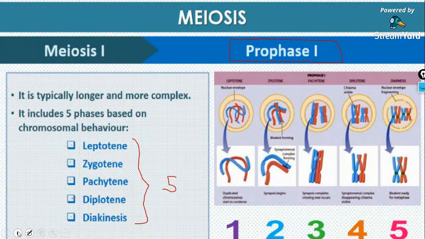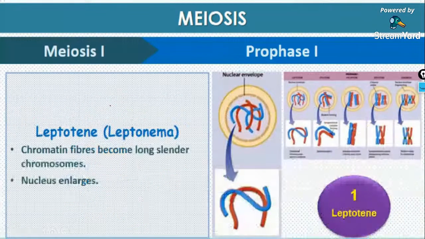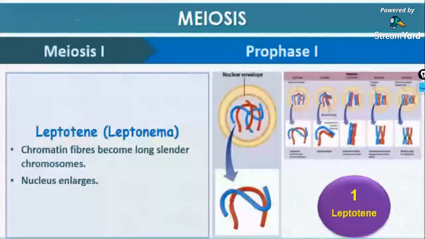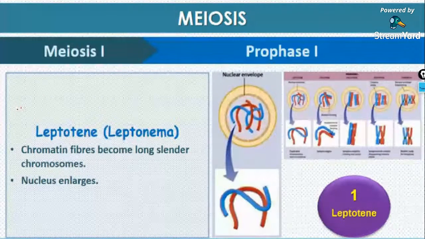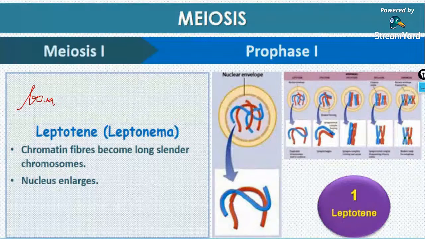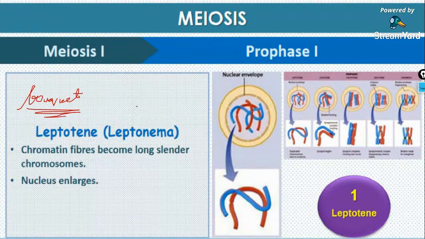A diagram will be given. So, leptotene or leptonema. What happens in this stage of leptotene? The chromosomes form a bouquet arrangement. What is a bouquet? All of you know about a bouquet, right? For an invitation, for a welcome, we give a bouquet. For example, in marriages also we have the term bouquet.